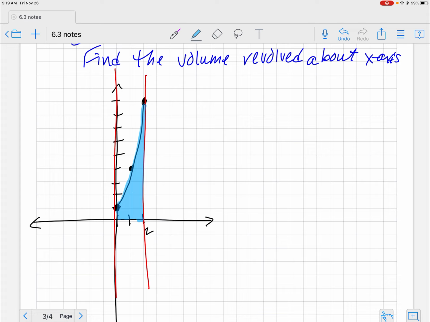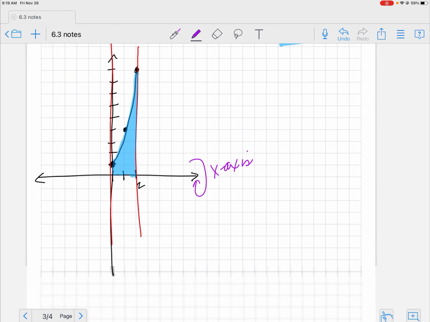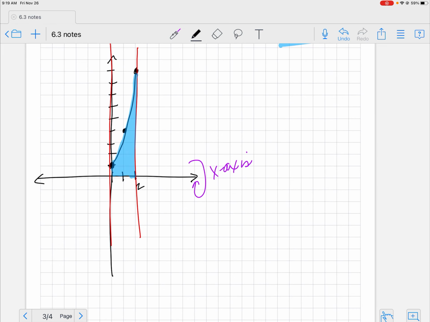Okay, I am taking this shaded region and I'm going to revolve it about that x-axis. So that means as I'm looking at this, I am revolving this about the x-axis. So if this is up here at 9, I know I'm going to hit this right here at 9.